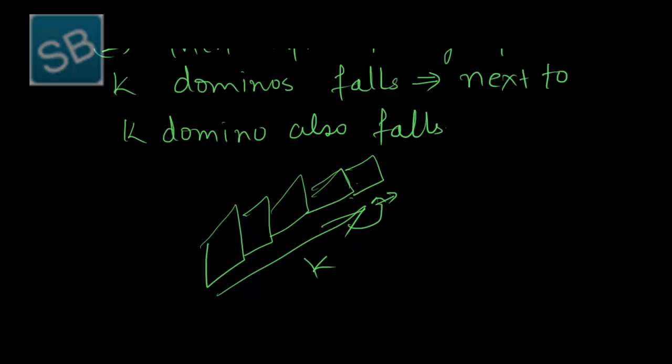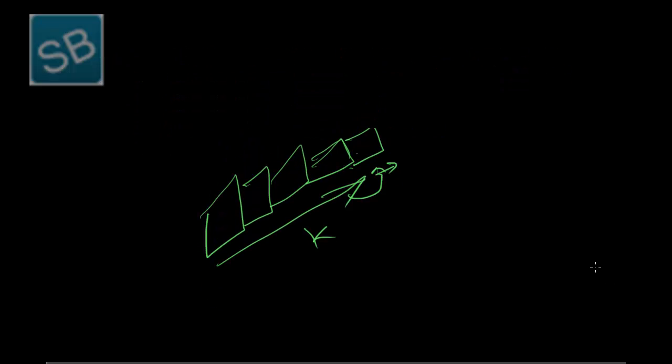So, according to the principle of mathematical induction, if the result is true for n is equal to 1, that is one domino falls, and if further we assume the result is true for k, that is we assume k dominoes fall after the falling of one domino, then the next, k plus 1 domino, will also fall.